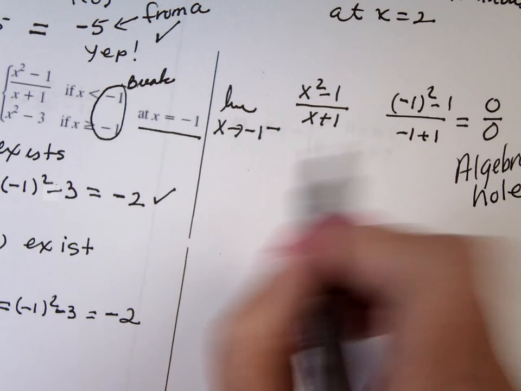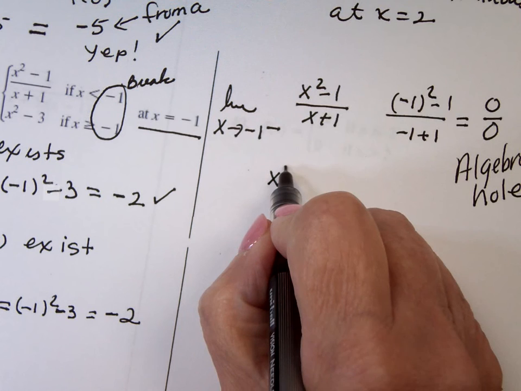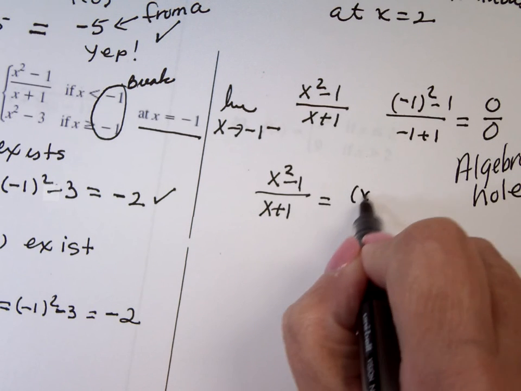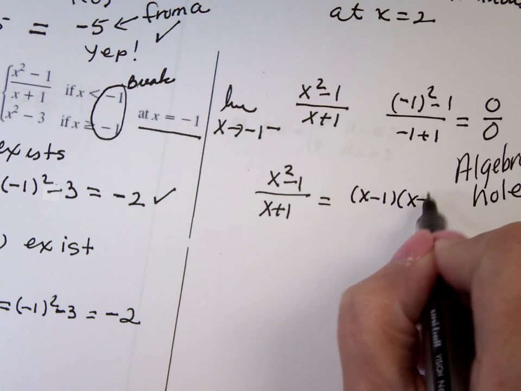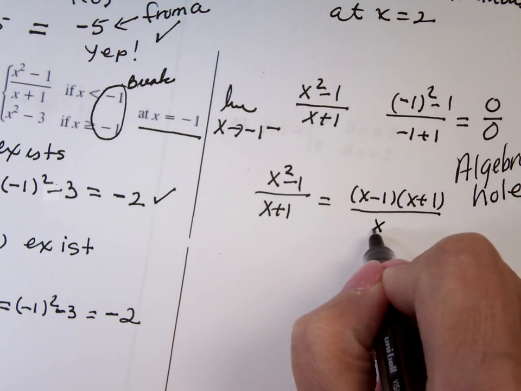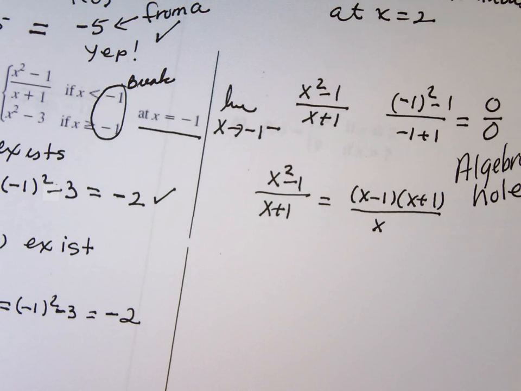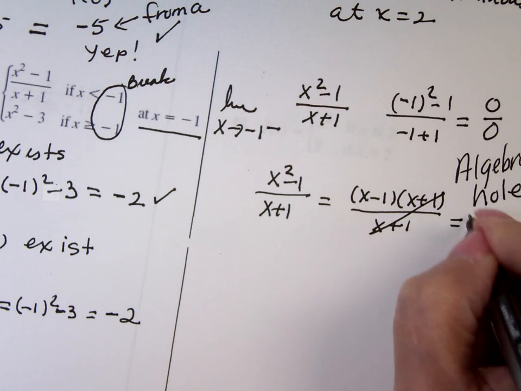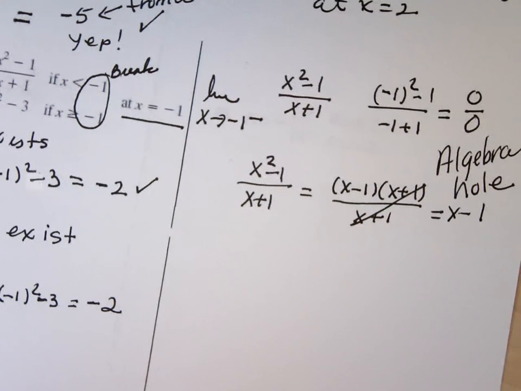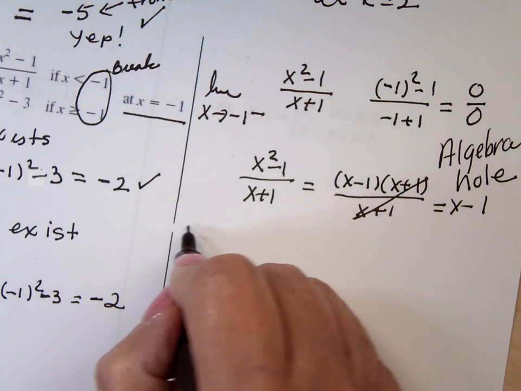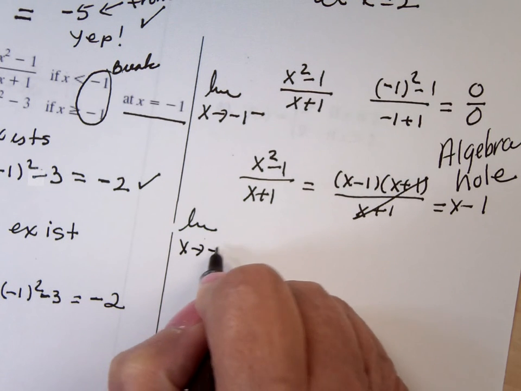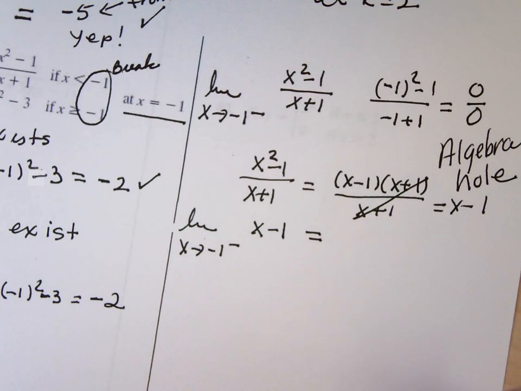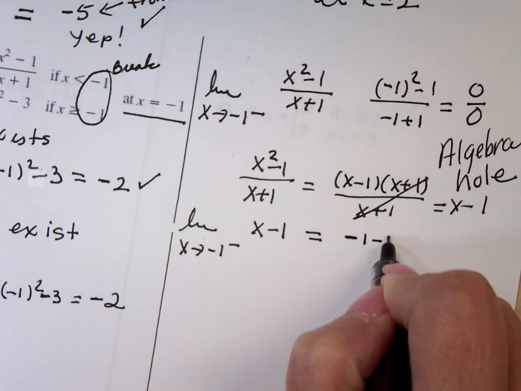So now I need to do algebra. So x squared minus 1 over x plus 1 is x minus 1 times x plus 1 over x plus 1. The x plus 1's go, I get x minus 1. Now I can take the limit as x approaches -1 from the left of x minus 1, which is equal to -1 minus 1, or -2.